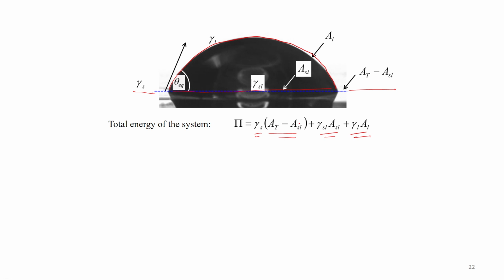That portion is ASL, and the rest is AT minus ASL, multiplied by gamma S, and this is the total energy. Now we can minimize this and find out what the equilibrium contact angle should be. I will take up the derivation of that equilibrium contact angle in the next lecture. Thank you for your kind attention.